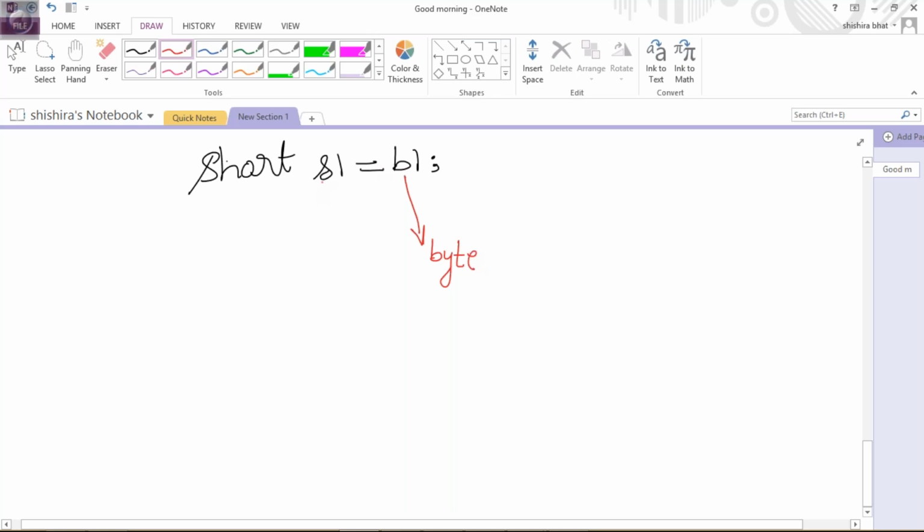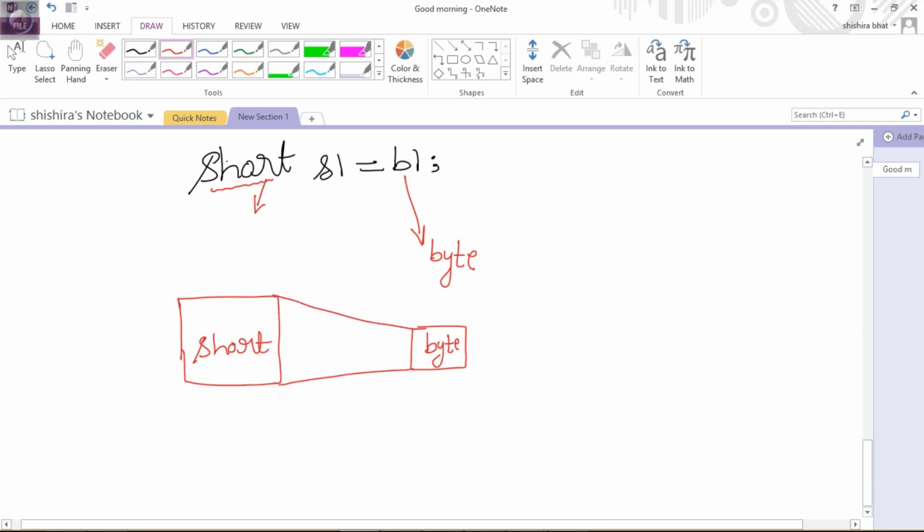You are assigning that into S1, whose data type is short. You are converting byte to short. Short is bigger than byte.